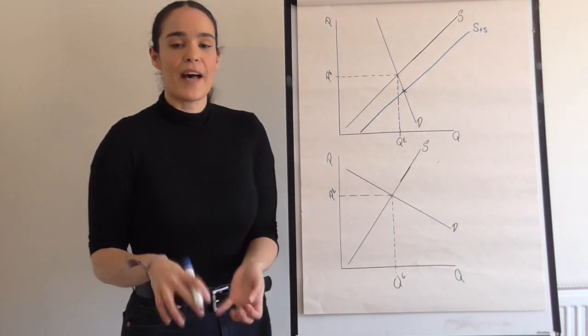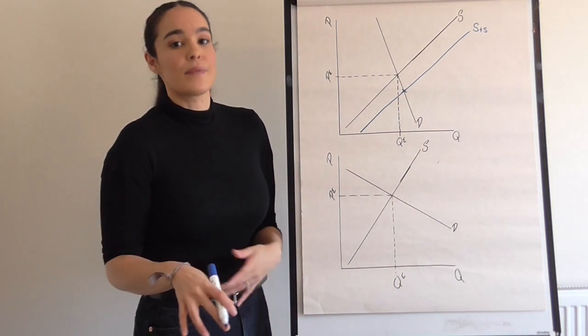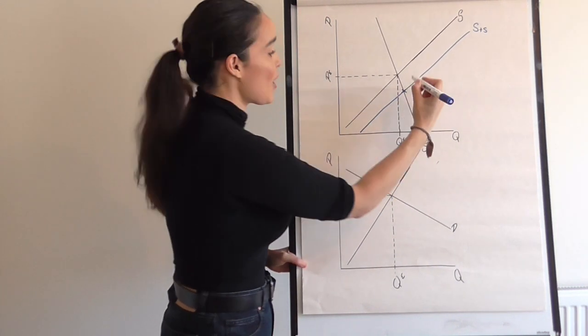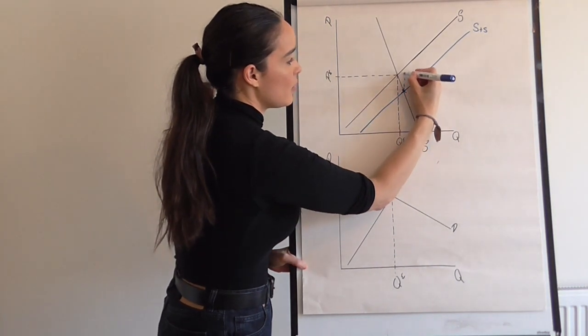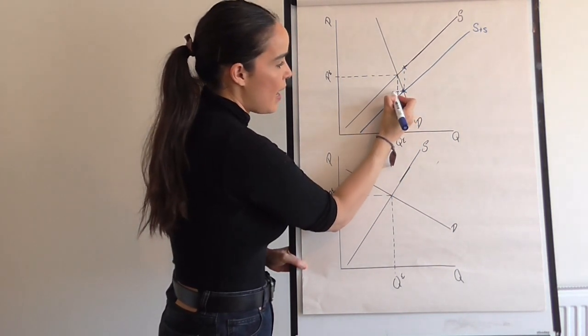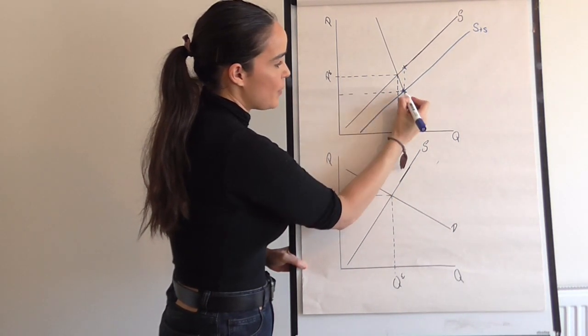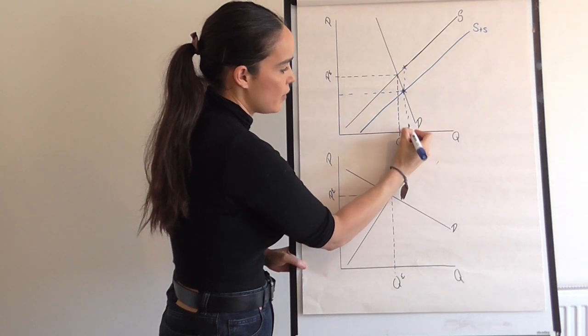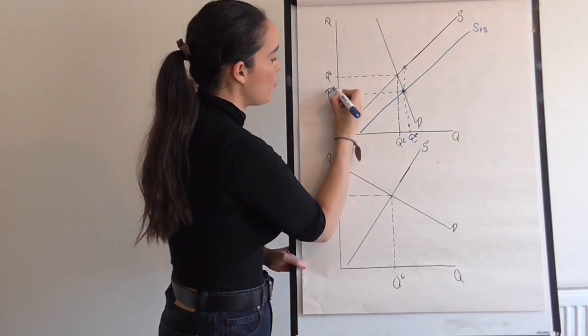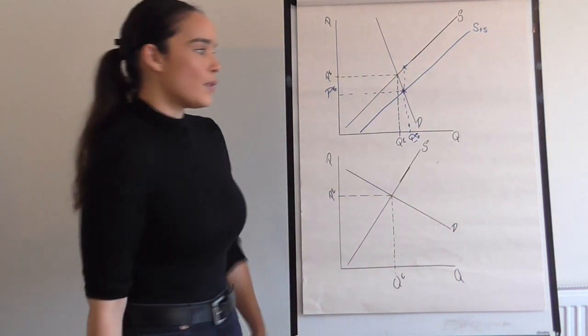Then to find the impact of the subsidy, we just do exactly what we've been doing before. We go from the new equilibrium up to the original price line, and we want to know our new quantity equilibrium and our new price equilibrium here too.